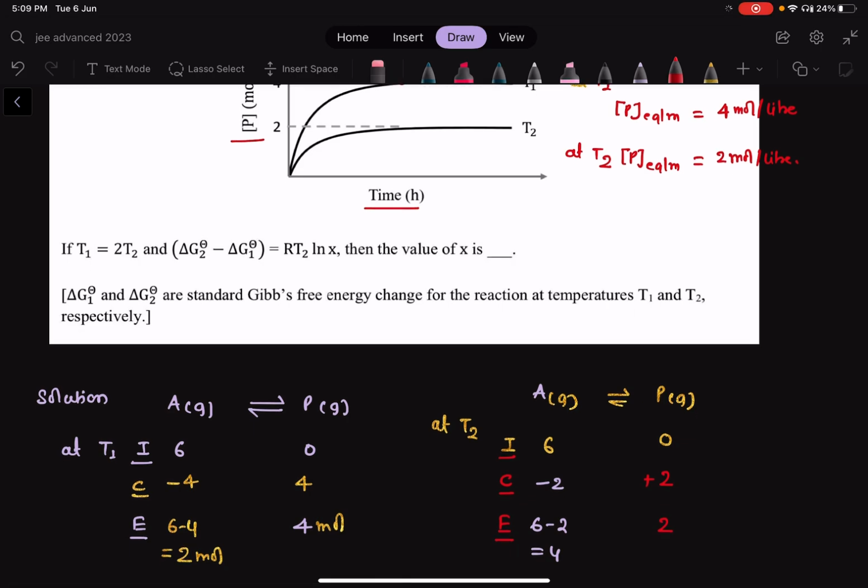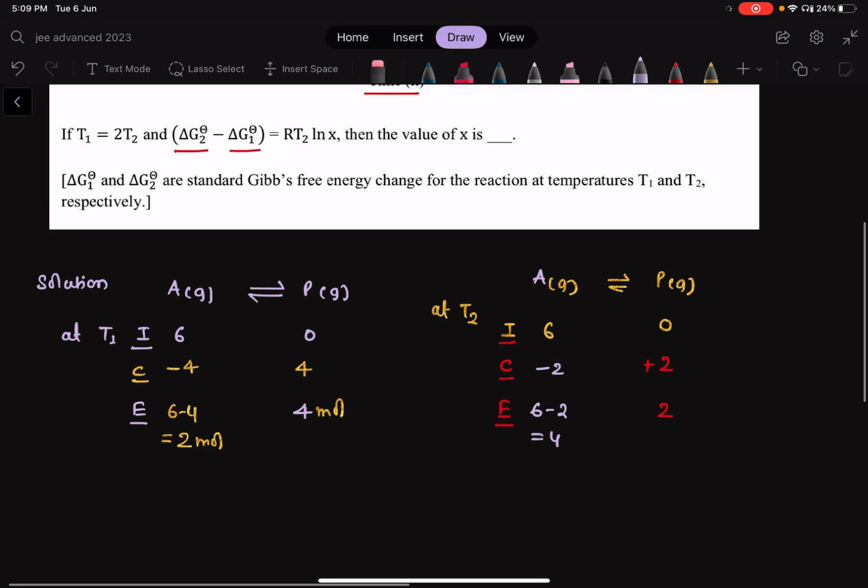Now we have to find the value of delta G2 and delta G1, the standard Gibbs free energy change, and we know that at equilibrium, delta G naught is equal to minus RT ln K. And since we are dealing with gaseous things, we have to take K as Kp itself.